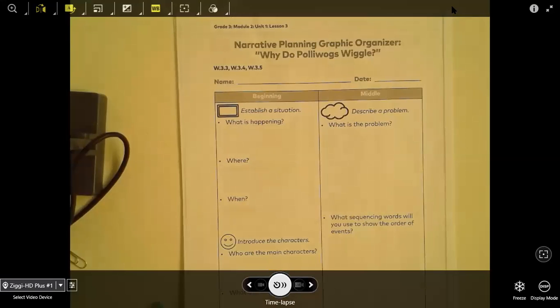So the baby frogs, tadpoles in other words, pollywogs, were having in their story last year or the year before, they decided they were going to have a dance contest. And the tadpoles all had to practice their wiggling dance. And that's why pollywogs wiggle. Now, there was a whole story involved of why. And then another class picked that they wanted to get away, a fish was trying to eat them, and they had to figure out a way to get away from the fish. Okay?